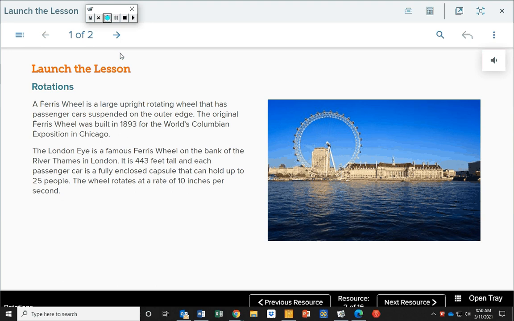Now, what directions can this go? It can go clockwise or counterclockwise. Now, if I had a figure in quadrant 1 and I rotated it 90 degrees clockwise, that's going to go down here.